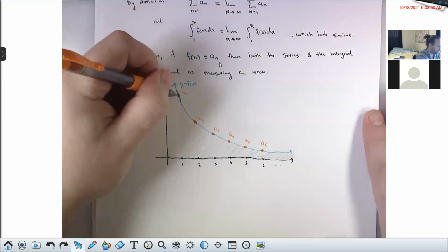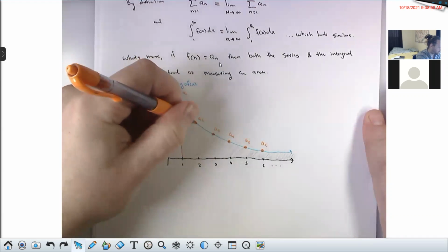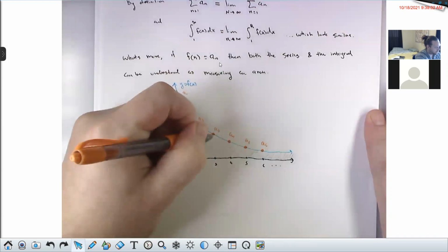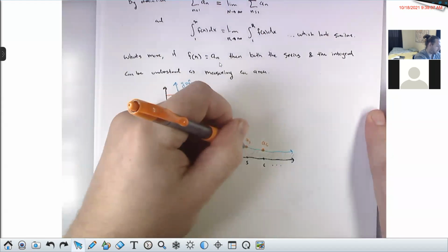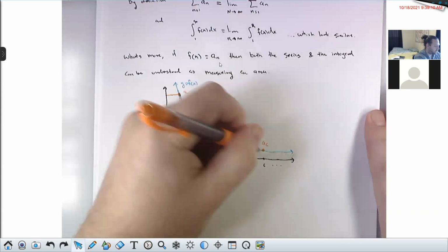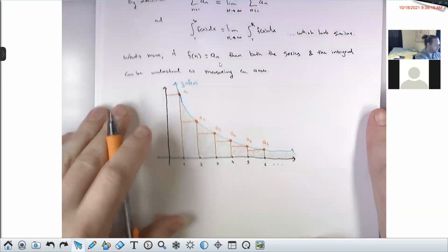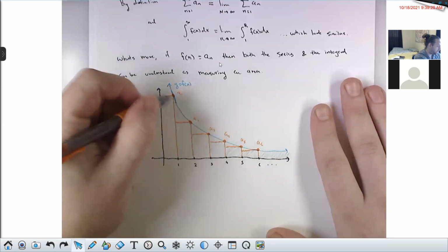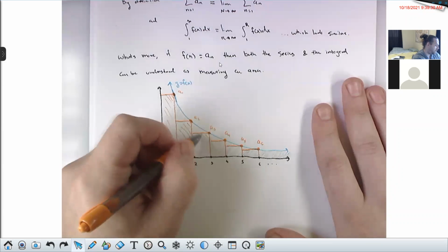Now watch what I can do. The integral is trying to find the pencil area. The series is trying to find the orange area.